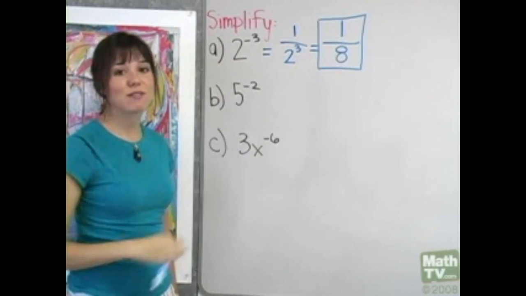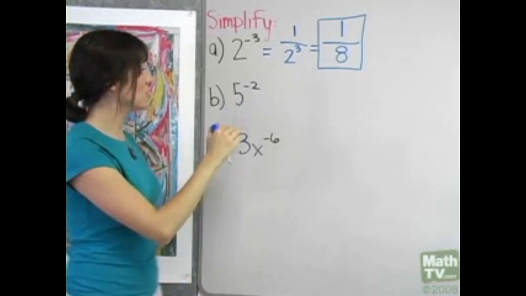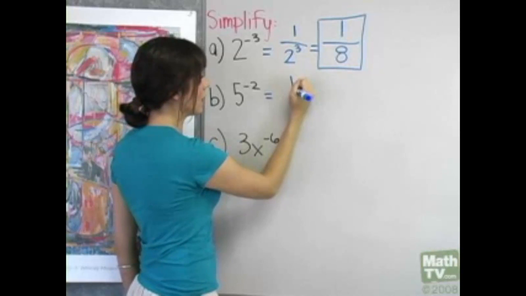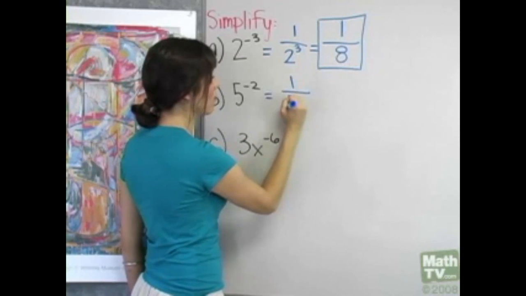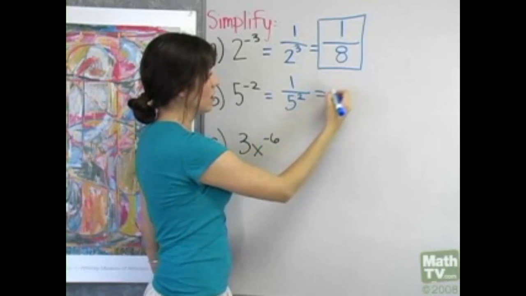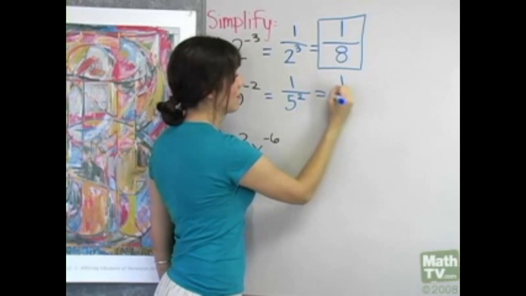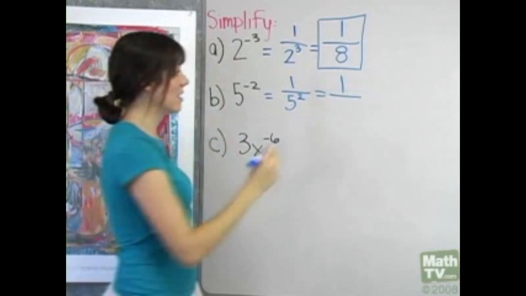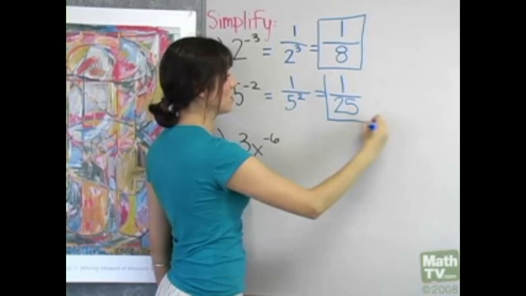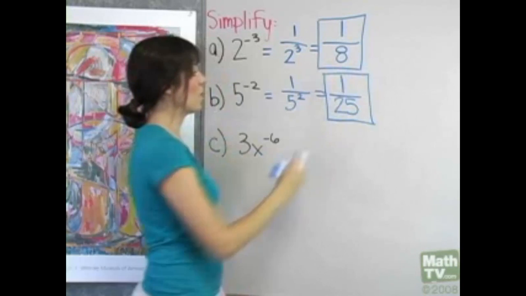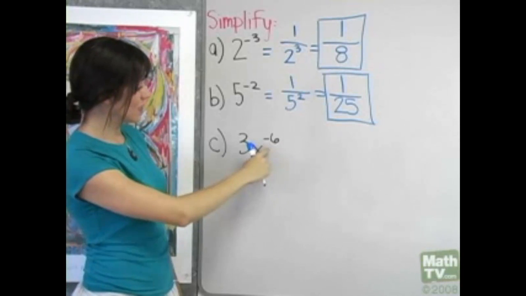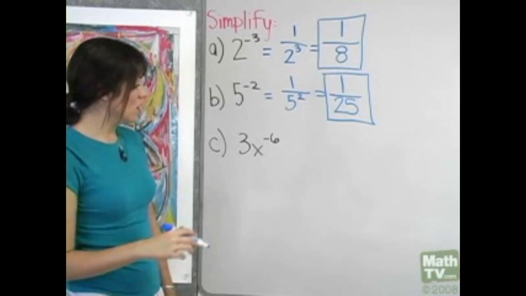In part B, we have 5 raised to the negative 2. So that's equivalent to 1 divided by 5 raised to positive 2. And 5 squared is 25. So 5 to the negative 2 is 1 divided by 25. Next we have 3x to the negative 6.